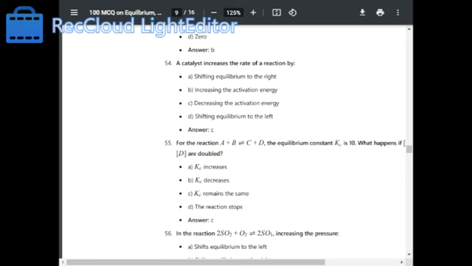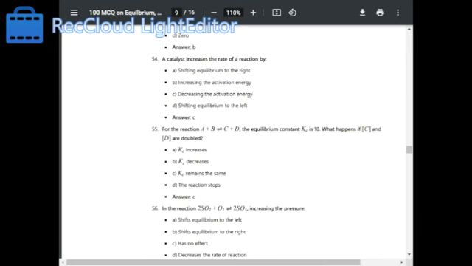Question number 55. For a reaction A plus B equal to C plus D, the equilibrium constant Kc is 10. What happens if C and D are doubled?